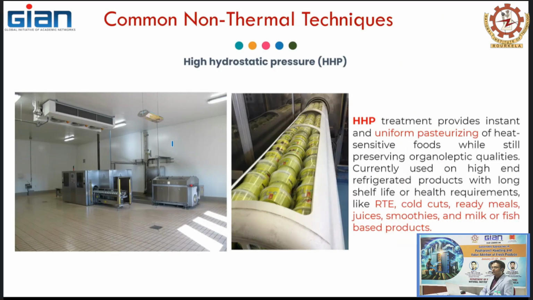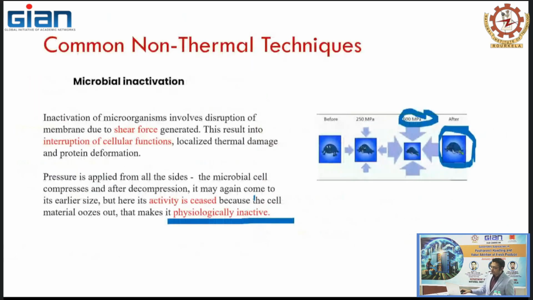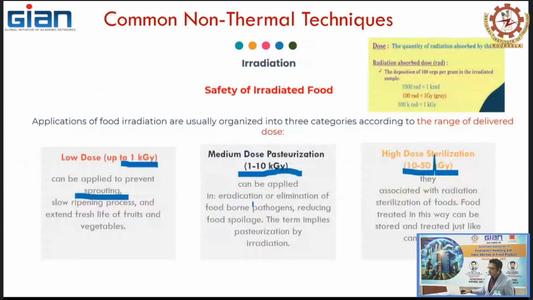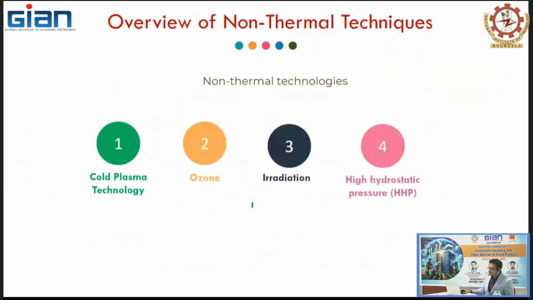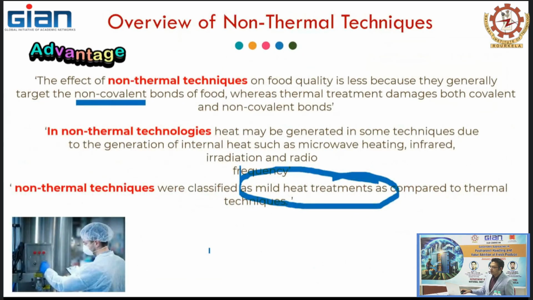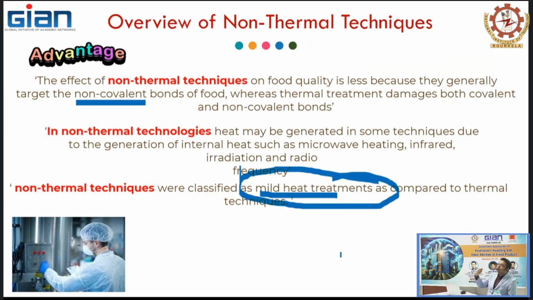Hello. If it is a non-thermal process and the temperature is increasing, how is it still a non-thermal process? Okay. What we consider here, as I mentioned, is mild heat treatment. We are not going more than ambient temperature.